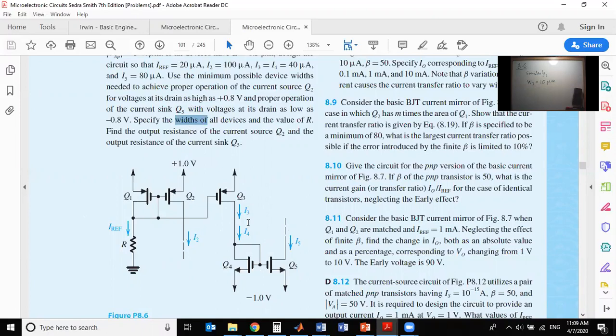So how do we find V overdrive using the second condition that says VD5 minimum is minus 0.8? So the drain voltage of Q5 minimum is minus 0.8.